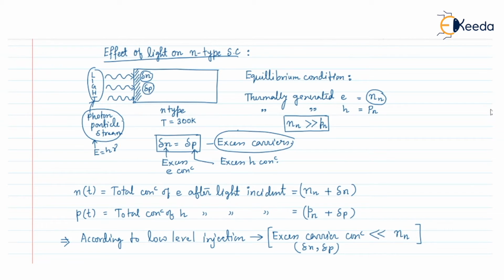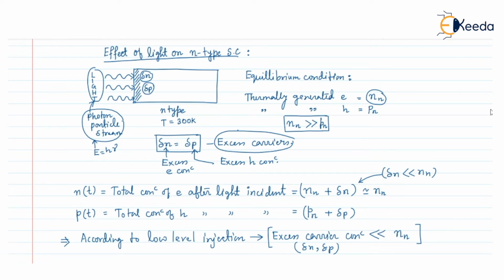For that case, we can say that the total concentration of electrons after light incidence will be nearly equal to Nn, because del n is very much less than Nn, so we can neglect the del n term. But the total concentration of holes after light incidence will be Pn plus del p, because Pn and del p are comparable to each other.